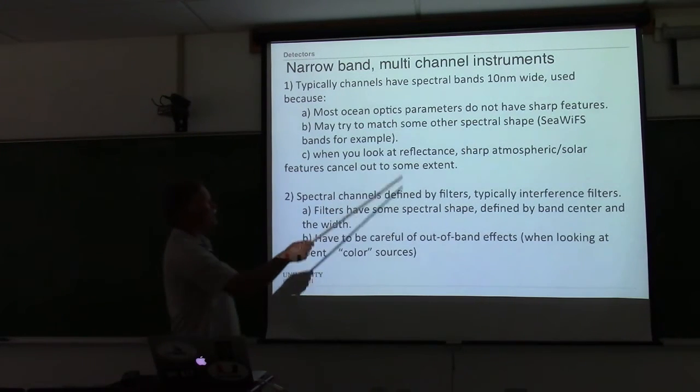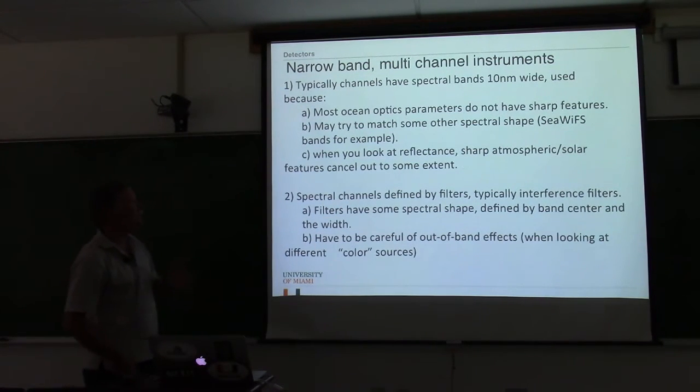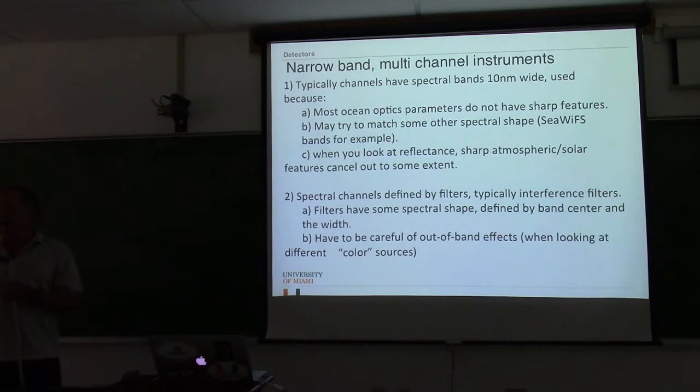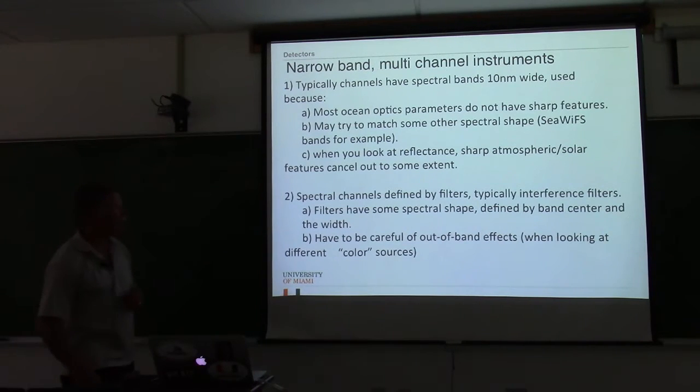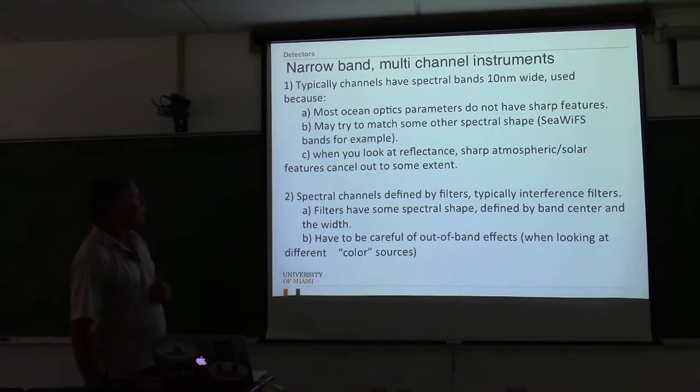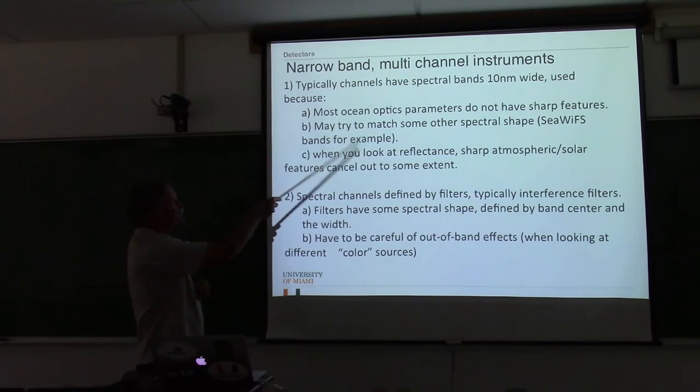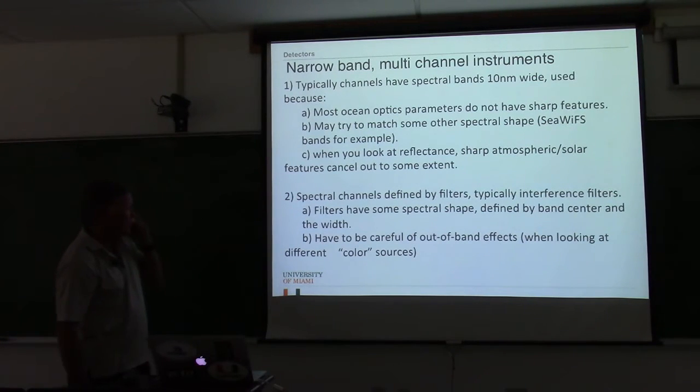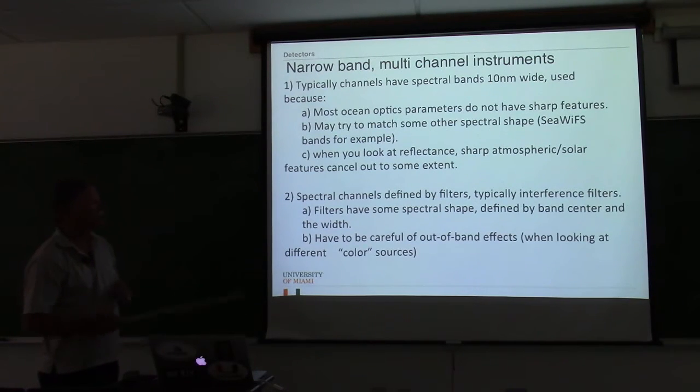If you look at reflectance, all those sharp atmospheric features cancel out somewhat because they're in both the downwelling and the upwelling, and reflectance is the ratio of the two, so they'll cancel out. So we use these 10 nanometer filters, some sort of approximation. The spectral channels are defined by filters, typically interference filters.